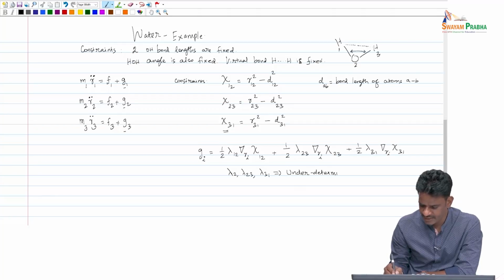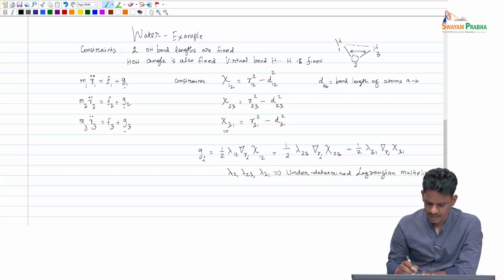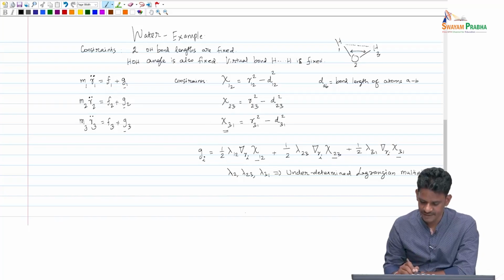These are undetermined Lagrangian multipliers. And these functions chi12, chi23, chi31 are the set of constraints that we have already defined.